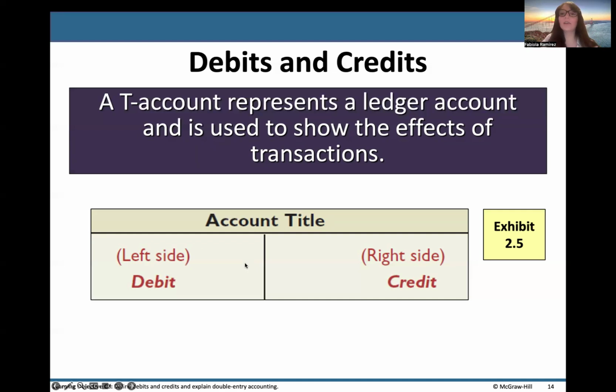So let's say you have 10 different transactions where you go into a store and you spend money. So cash would go down, and cash goes down with a credit. We would put every single transaction here on this T account. And now this is better noted with an example.